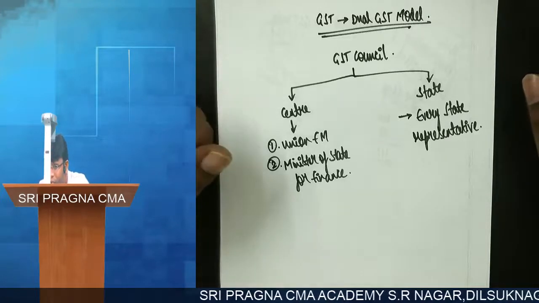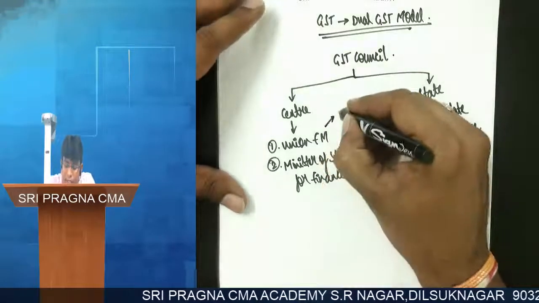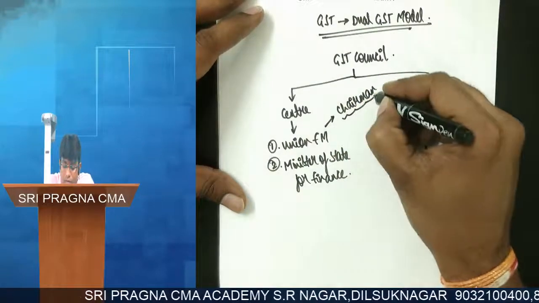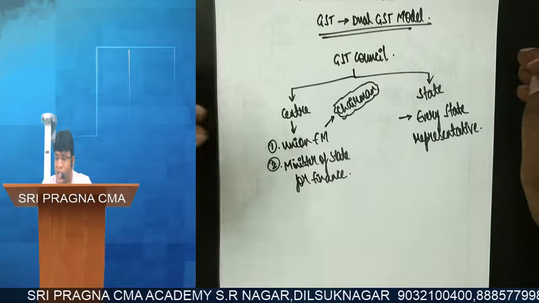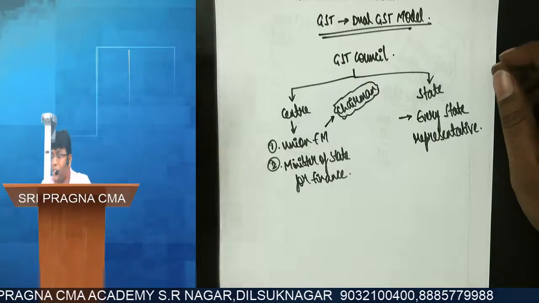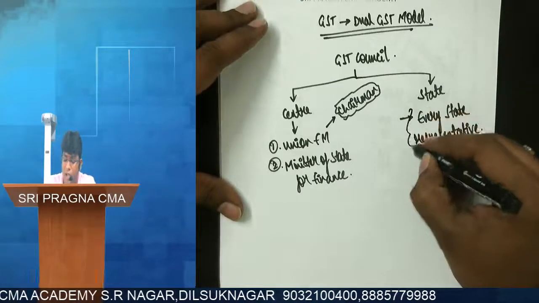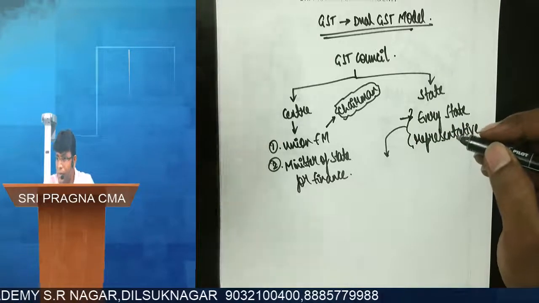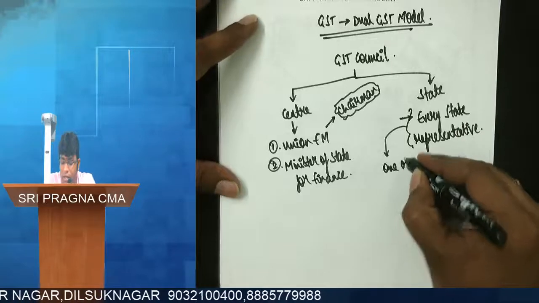Now listen to an interesting concept. Very clearly listen. Very important. This Union Finance Minister will act as the chairman for the GST Council. I repeat, the Union Finance Minister will act as chairman for the GST Council. And on the other side, from every state, one representative has come.